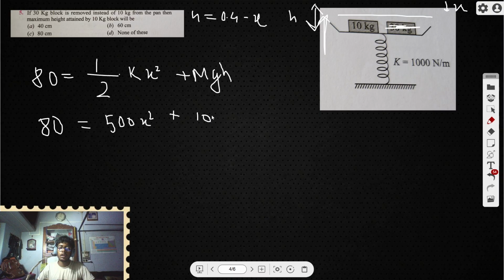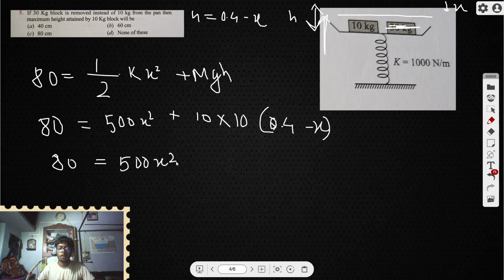So 10 into g is 10, into the height, which is 0.4 minus x. So it will be 80 equals 250 x square plus 100 into 0.4, which is nothing but 40 minus 100x.